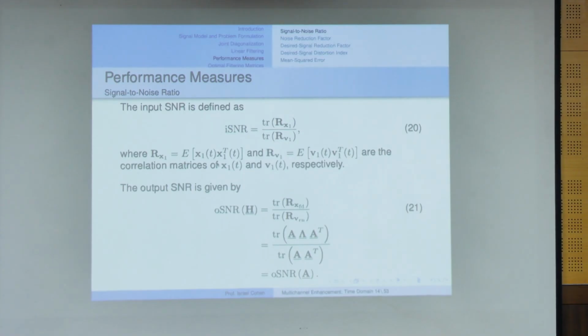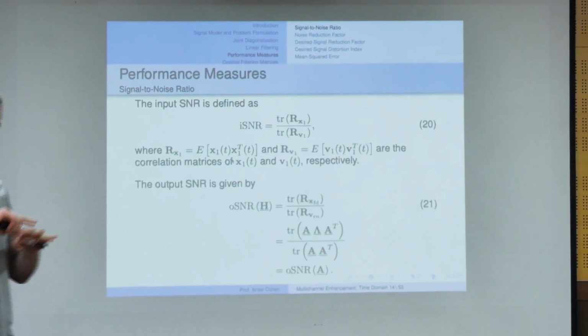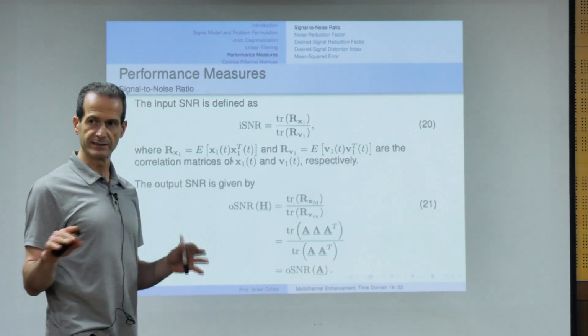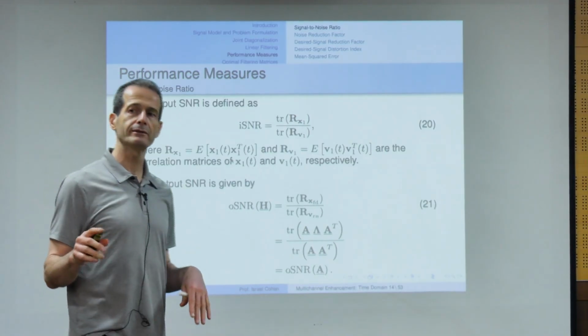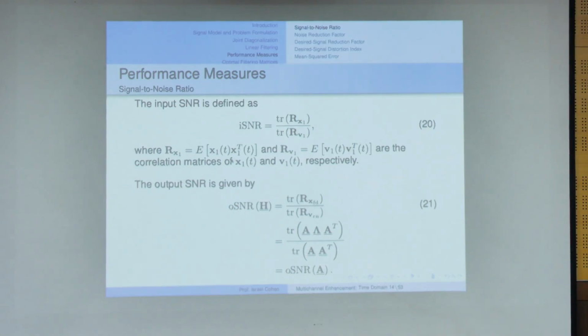This is the input SNR because, remember, we talked about the overview of multi-channel signal processing. We talked about array gain. Can somebody remind me what is array gain?